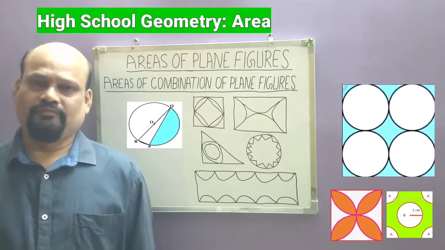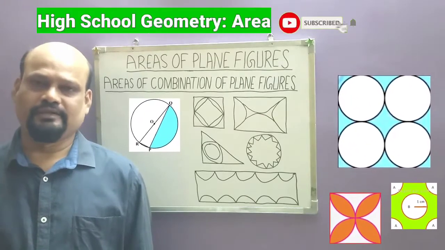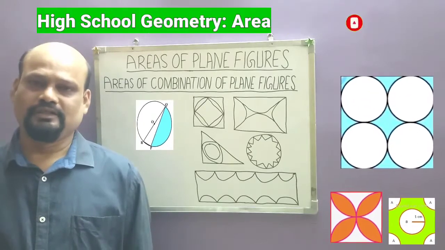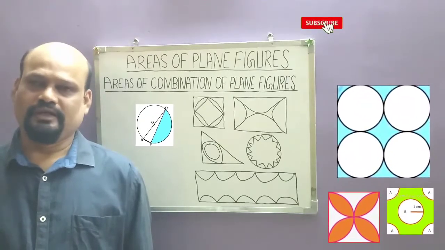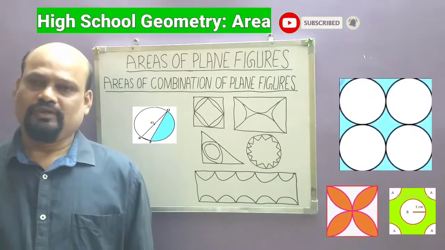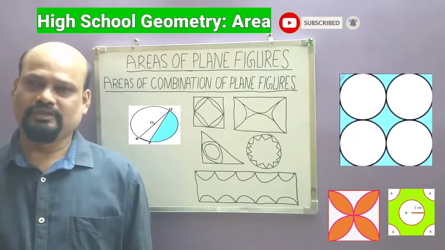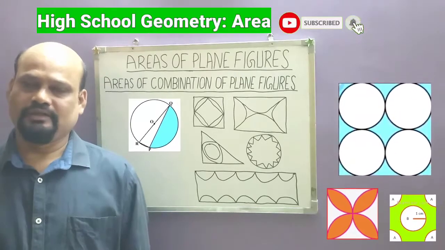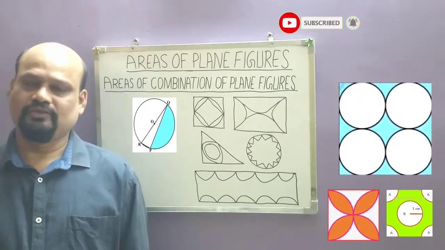While finding the areas of these designs made of plane figures, we find the areas of plane figures separately. Let's illustrate the process of finding the areas of combinations of plane figures in these designs through some examples.